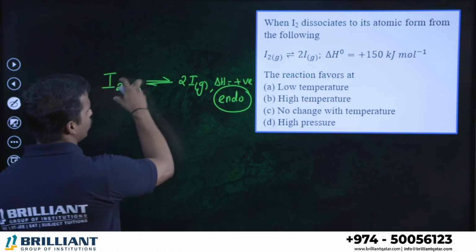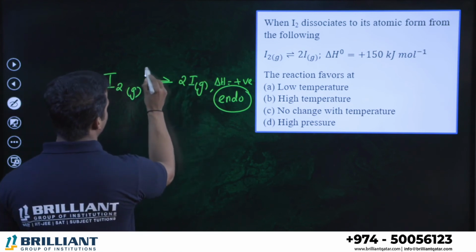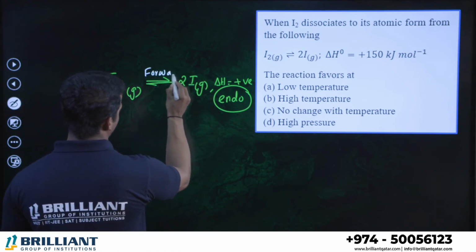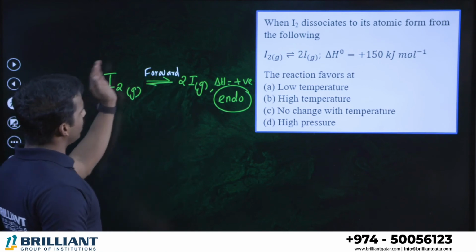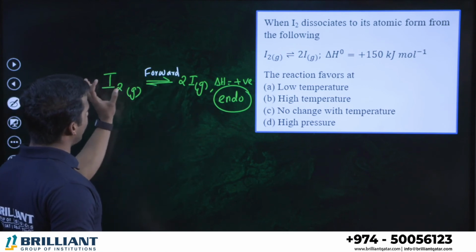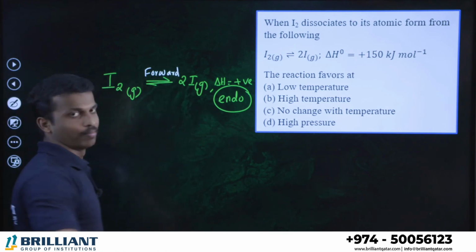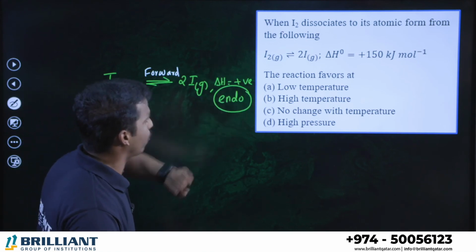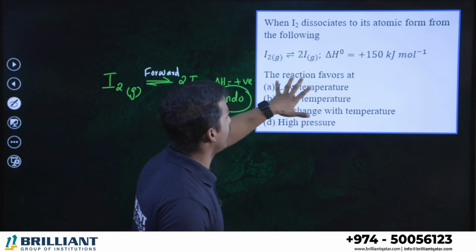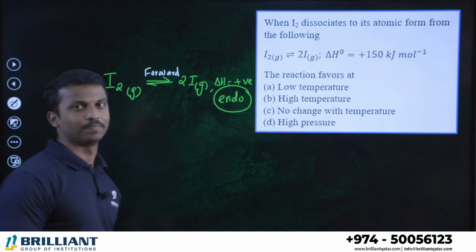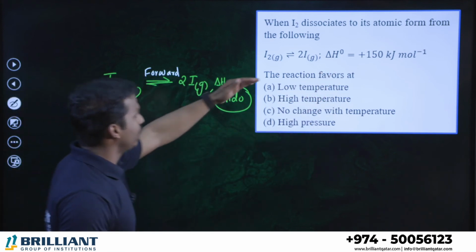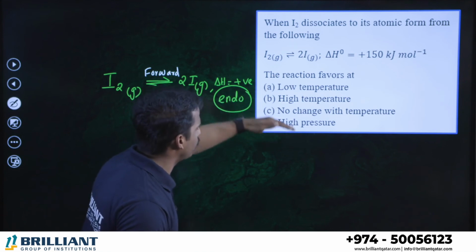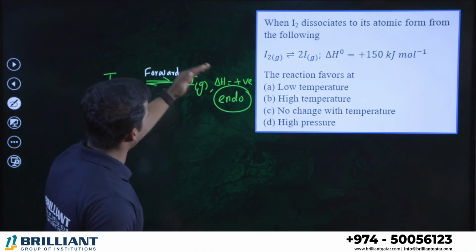When it decomposes, you get 2 iodine atoms, which means they are asking about the forward reaction, because the forward reaction is the decomposition of the iodine molecule to 2 iodine atoms. So they are asking under which condition this reaction is favored, that is, which changes can bring a forward reaction.